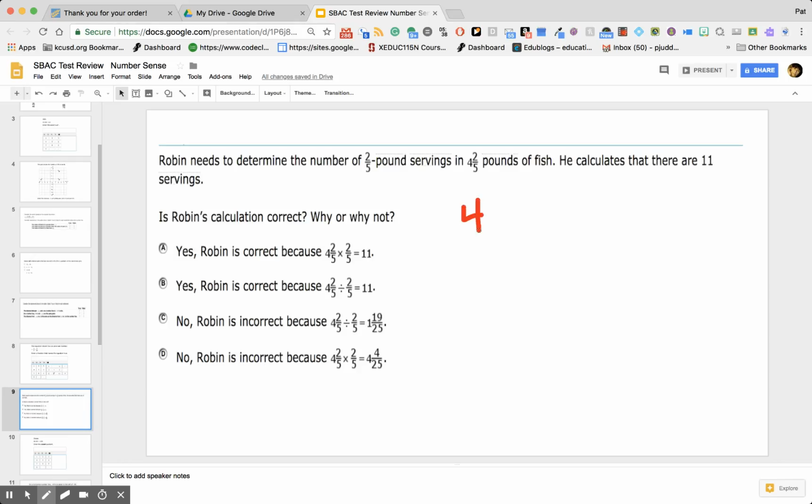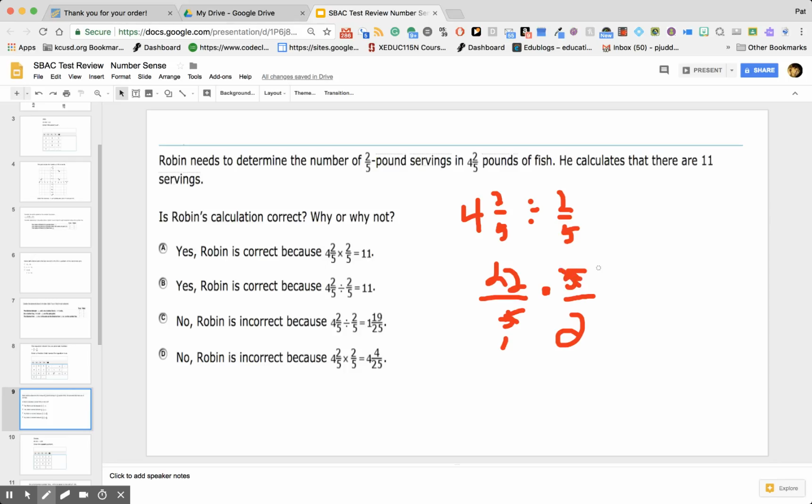So if I have 4 2/5 divided by 2/5, this is going to be 22/5 times 5 halves.